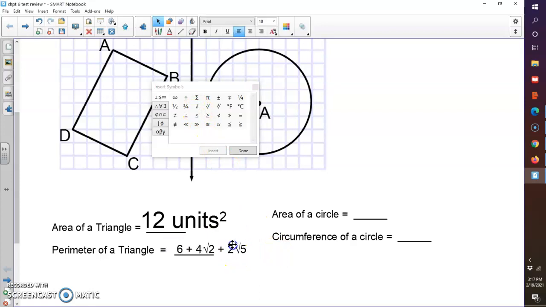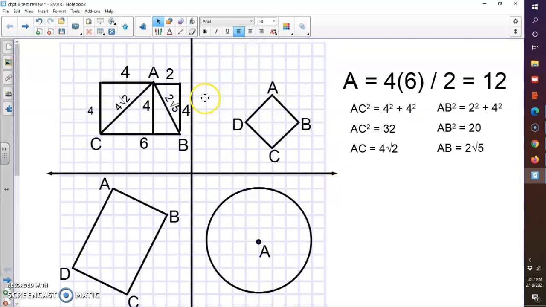And I like to put them in parentheses so I know the label is just a unit. Okay? And that's how we get the area and perimeter of my triangle. And here's all the work off to the side.